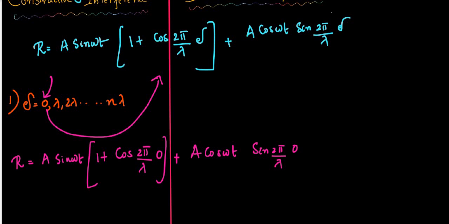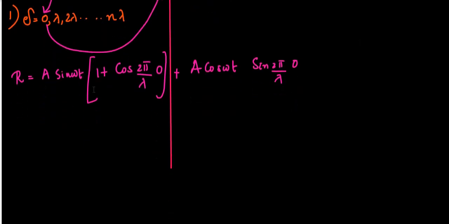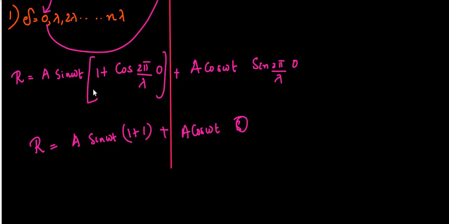Whatever is multiplied with 0 will be 0, so what is cos 0? It is 1. So 1 plus 1, plus A cos omega t times sin 0, which is 0. So the resultant displacement is equal to 2A sin omega t.